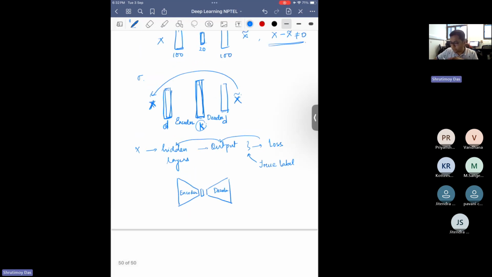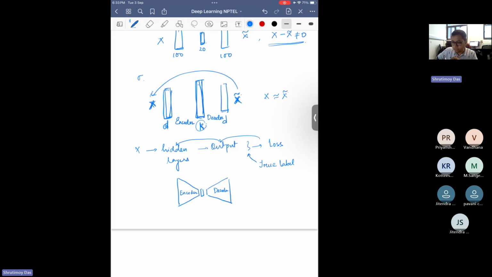A neural network requires feedback from the output layer to update its weights. So how will it update its weights? Through the loss, right? The loss is basically the quality of your approximation. You want to say whether x prime is close to x or not.